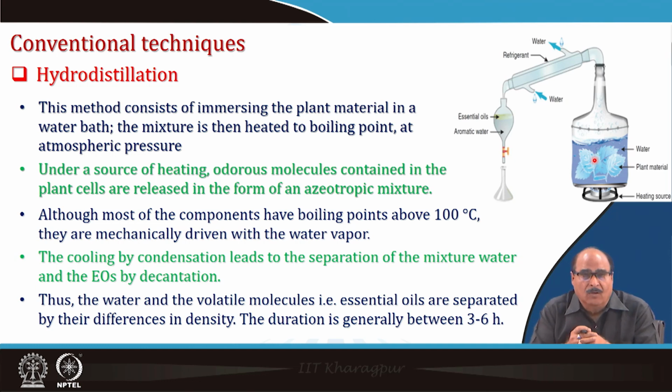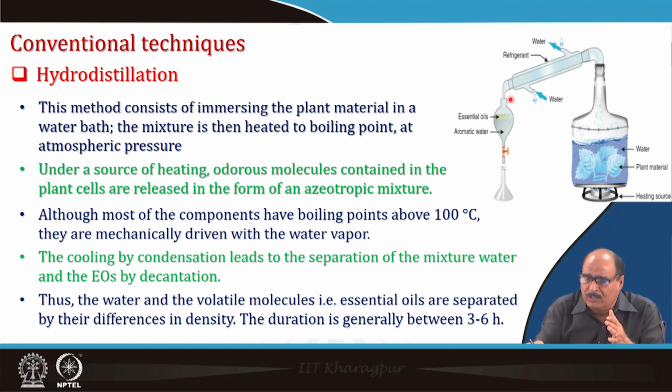Although most of these components have boiling points above 100 degrees Celsius, they are mechanically driven with the water vapor. The cooling by condensation leads to separation of the mixture of water and the essential oils by decantation. You can see here the vapor comes, and then a condensation system is used, where the aromatic water and the essential oils are separated.